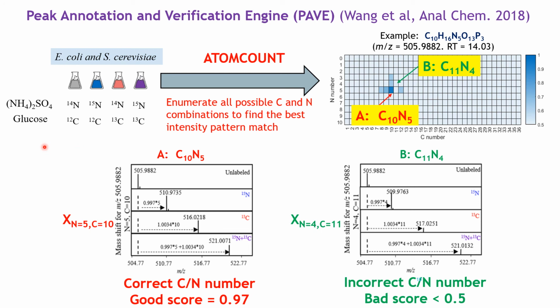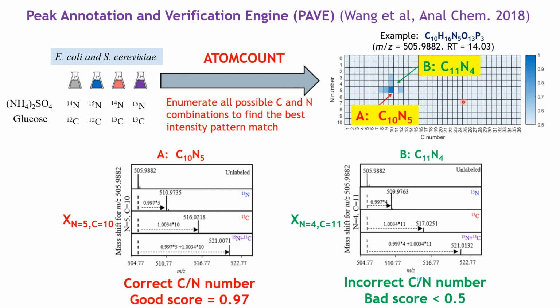Then we use a computer program to find the best carbon and nitrogen combination by going through all the possible combinations of carbon and nitrogen and finding the number that gives you the best intensity match. Here is an example. We are looking at mass 505.9.